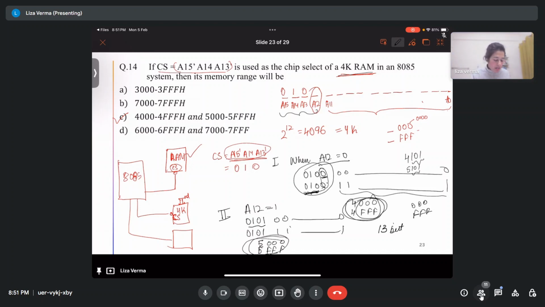The value of A12 doesn't matter; for both of these addresses, the combination of 16 bits will go to the same memory location. So that was the concept of memory folding. Is it clear to everyone else?